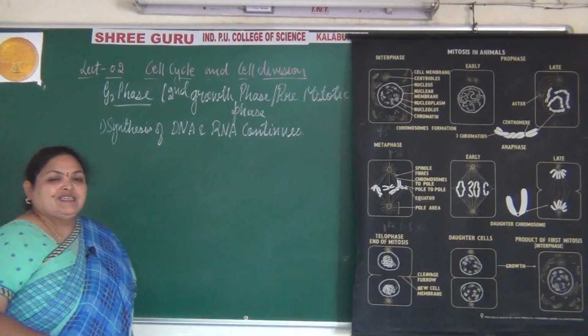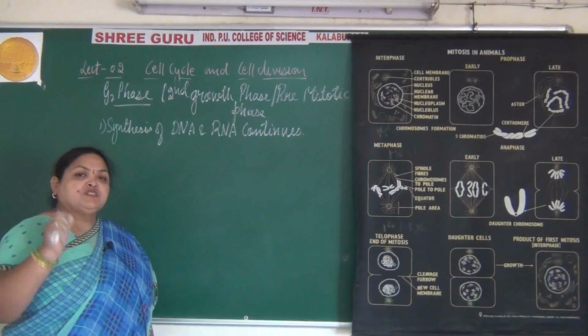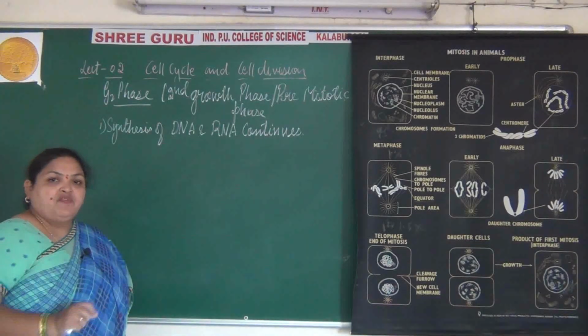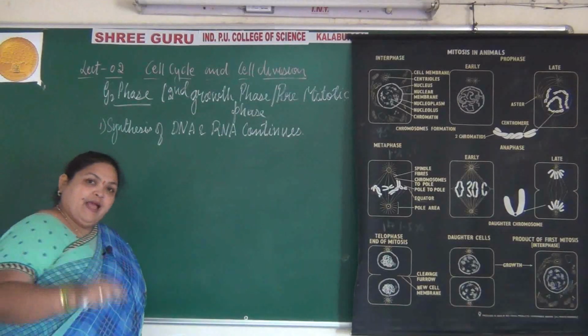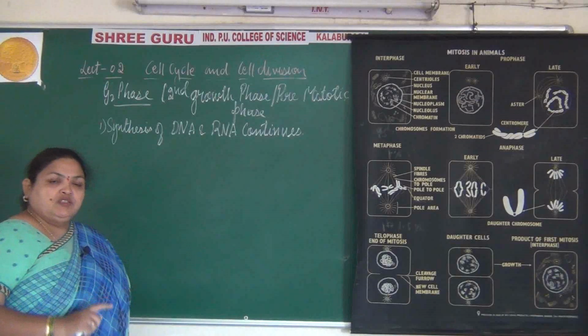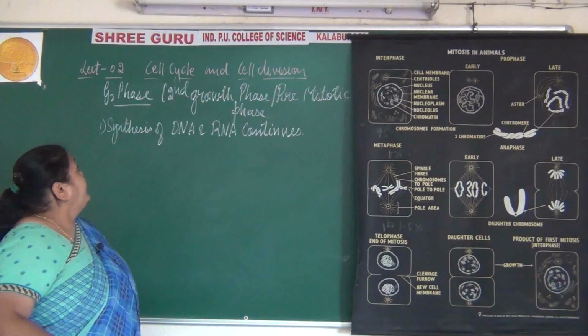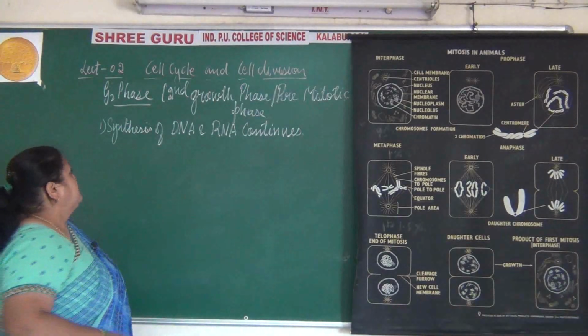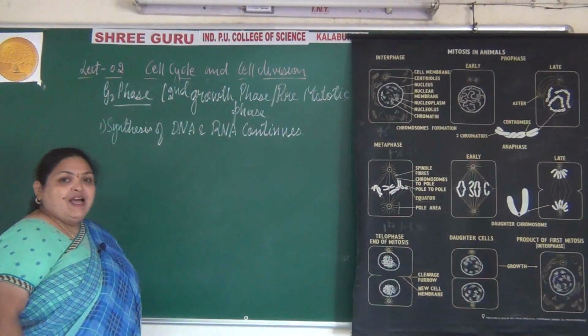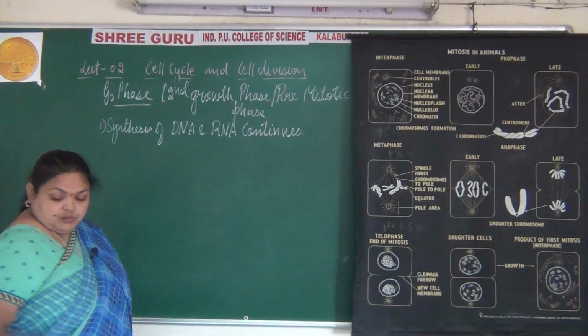Why is it called S phase? Maximum synthesis of DNA occurs in the S phase. Yes, that will continue even in the second growth phase, the G2 phase. So there is synthesis of DNA and RNA will continue.